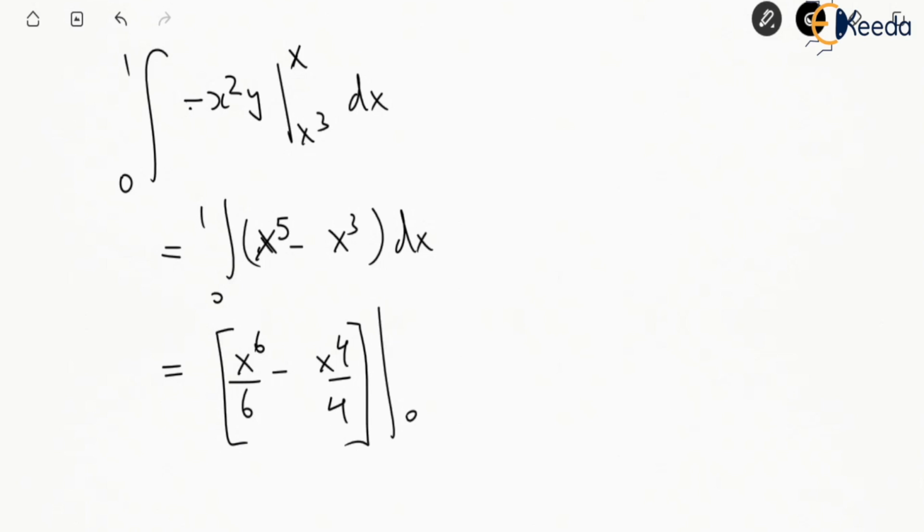The limits are 0 to 1. For 0 it will be 0. This is going to be 1 by 6 minus 1 by 4, which will be minus 1 by 12. So this will be the answer for this case.